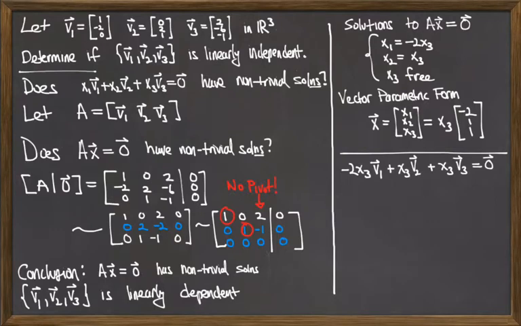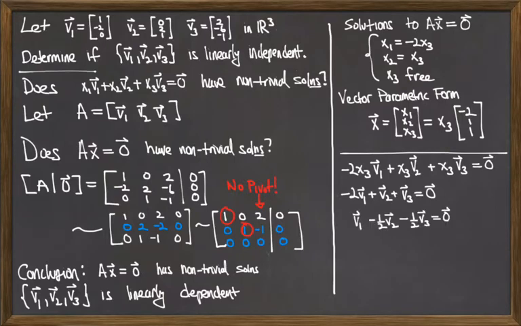For instance, if I take x3 to be equal to 1, I get one example of a linear combination of my three vectors that gives me 0: -2, 1, and 1. And you can see here, potentially you could solve for any one of these three vectors and express it in terms of the other two. They are dependent on each other. Nothing special about the value I took for x3.